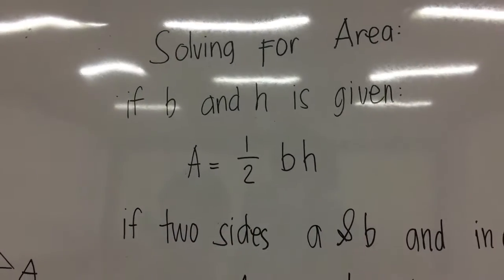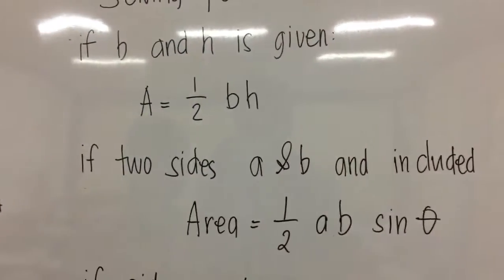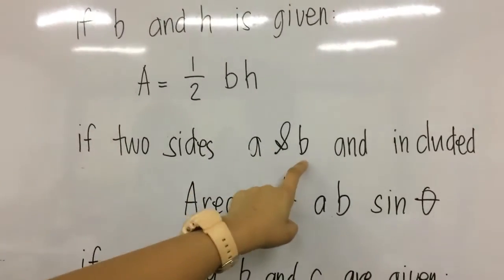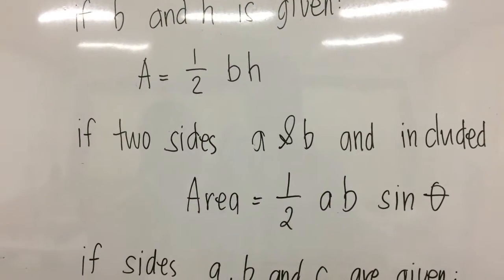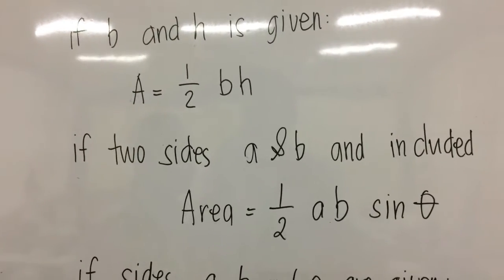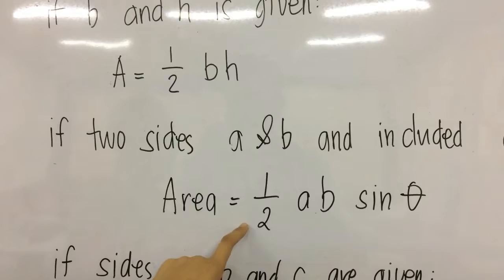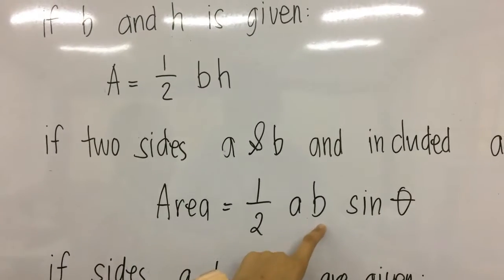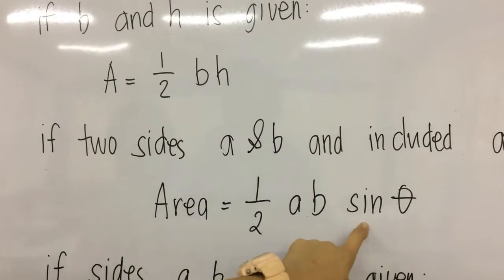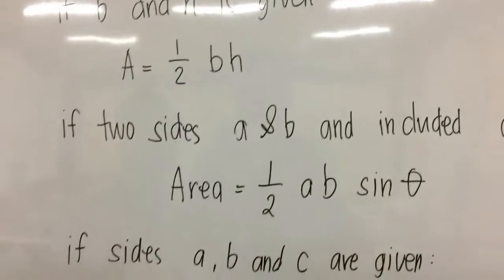And if we are given two sides of the triangle, namely A and B, with an included angle theta, the formula that will be used is area equals 1/2 times side A times side B and the sine of the angle theta.